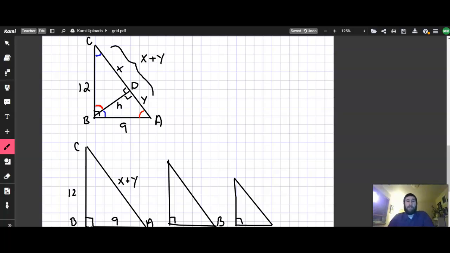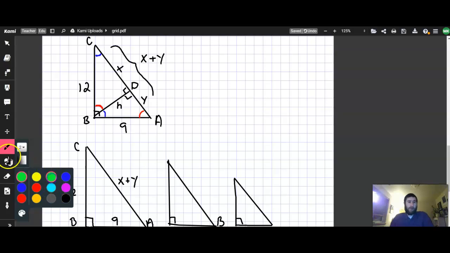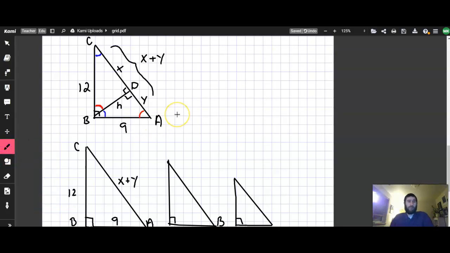And so one of the things you can do is color code not by triangle, but by corresponding side. And so, ladies and gentlemen, let's do that here. Let's model that. So I'm going to use green first because green's a great color. And let's model all of the sides that correspond with CB. So there's CB in the big triangle.